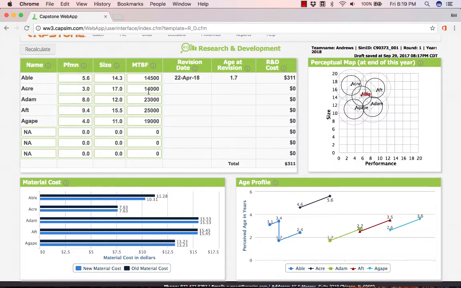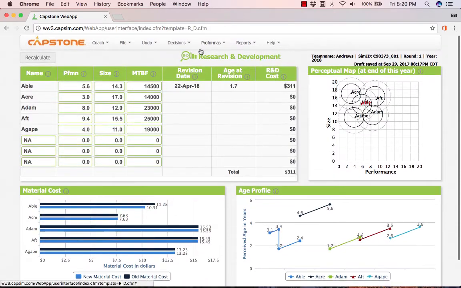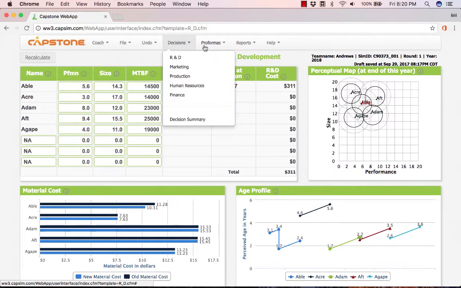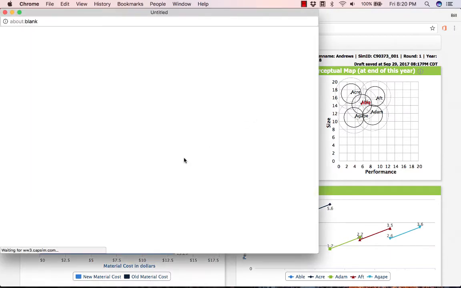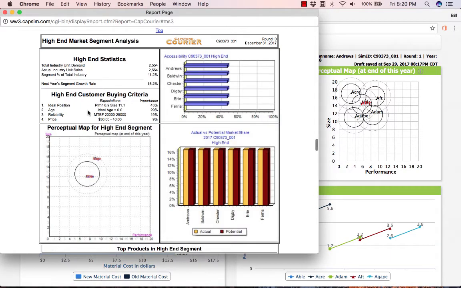And again, let's go and see what people in the high end product segment are interested in. So we're going to go to our reports, Courier high end. Alrighty, and that tells us that, as opposed to the low-end folks and the traditional folks, these people are very interested in the product's position.